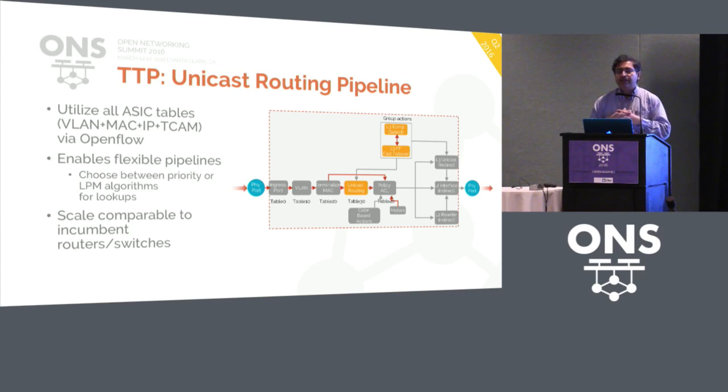So that is one of the key things that enables us. But what we figured is for a unicast routing pipeline, no matter what ASIC architecture you pick, 80% of the time you are going to travel through this pipeline that you see here, right? So what this routing pipeline enables you to do is not only perform unicast lookups and unicast routing, but it allows you to do load balancing.